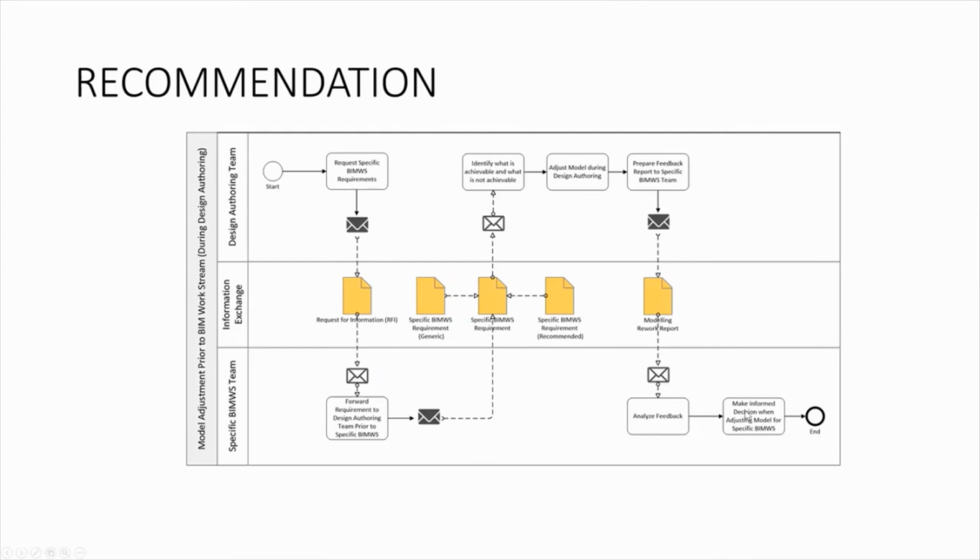They'll tell them what they can do and what they cannot do, and send what has already been added. So now anyone who is going to start this project will be able to make informed decisions. Before he even starts, he knows what he needs to do, because the design authoring team will not be able to do it.